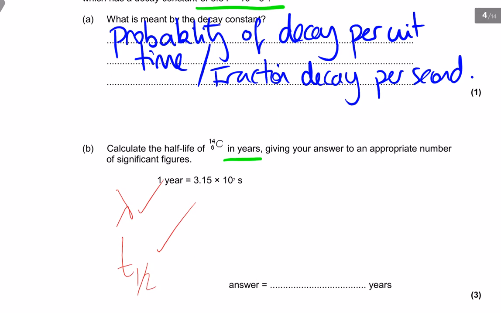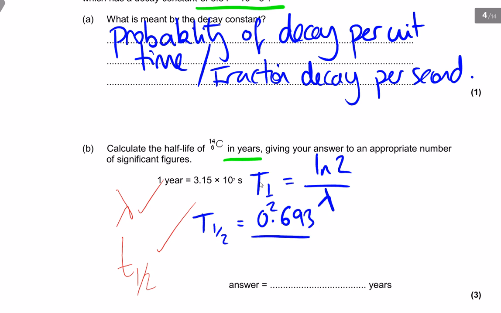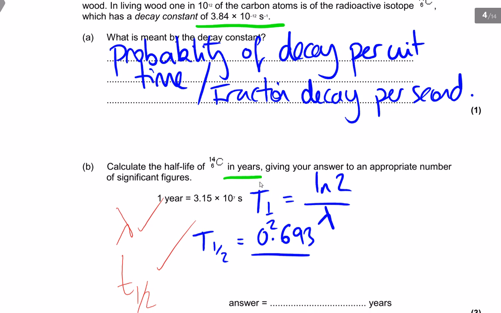So again, we're going to use T half equals ln2 over lambda. We chuck our numbers in. If we get our T half in seconds, that'll be 0.693 over 3.84 times 10 to the minus 12.